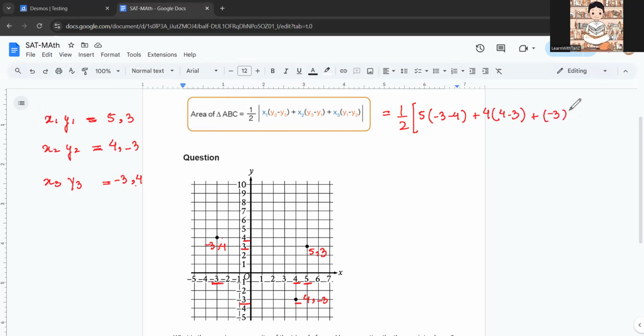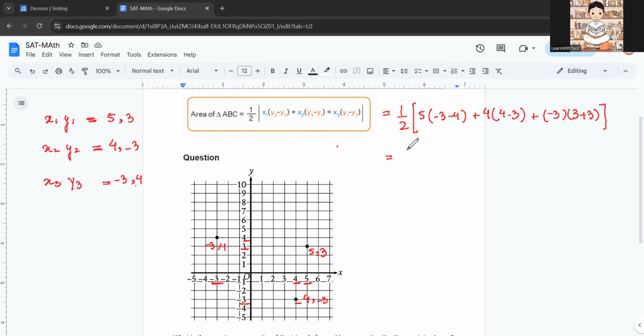I'll write it in brackets. Then times y1 minus y2. y1 is 3 and y2 is negative 3. So 3 minus negative 3 gives you a positive 6. Or let me just write it. y1 is 3 and minus y2, minus of negative 3, which becomes a plus 3.